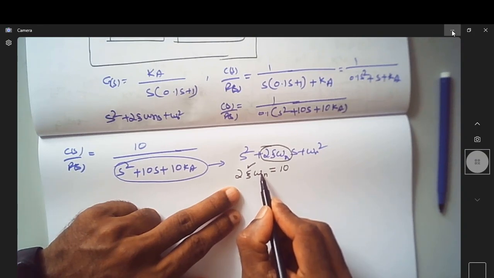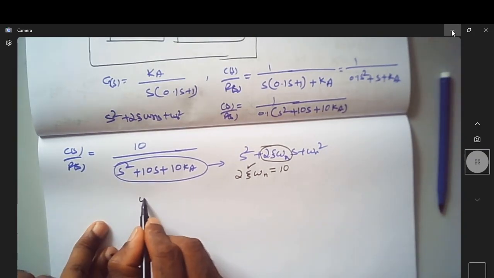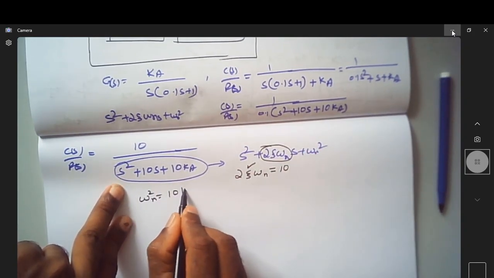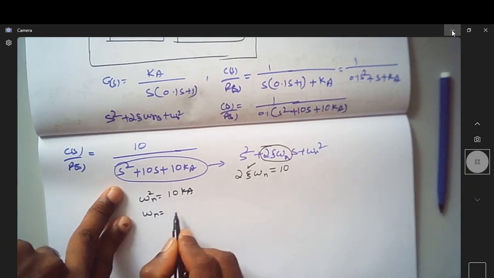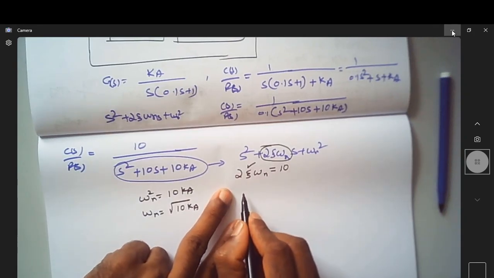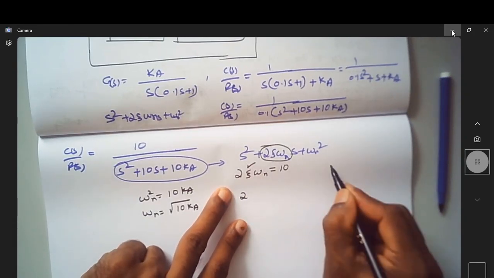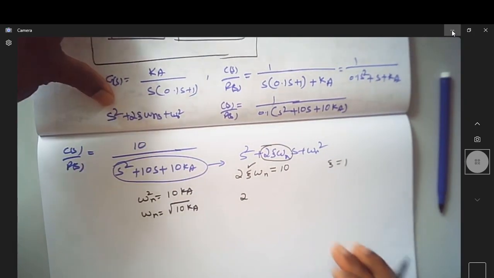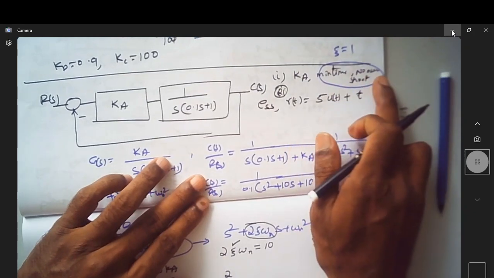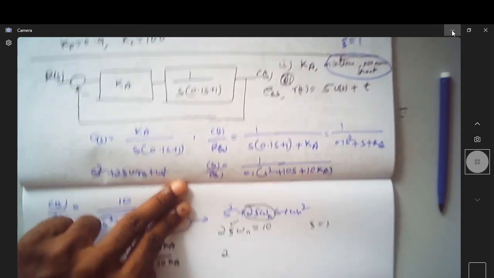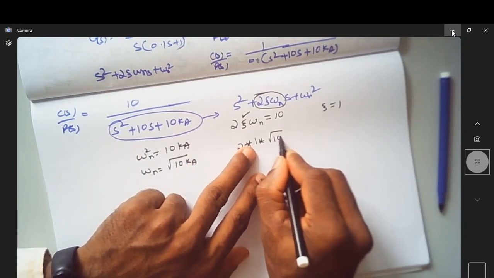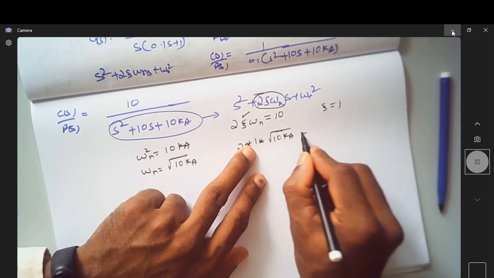Now what is the value of omega n? Omega n square is 10 into Ka, so omega n is root of 10 into Ka. I can make zeta equal to 1, because in the problem it was said that it reaches the steady state in minimum time with no overshoot. So that gives a clue of zeta. So it is 2 into 1 into root of 10 Ka is equal to 10.